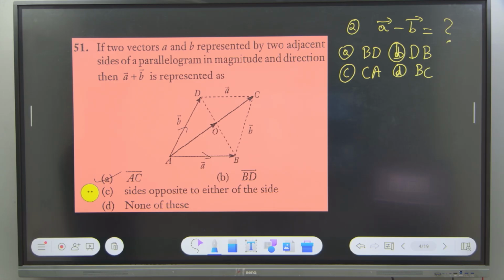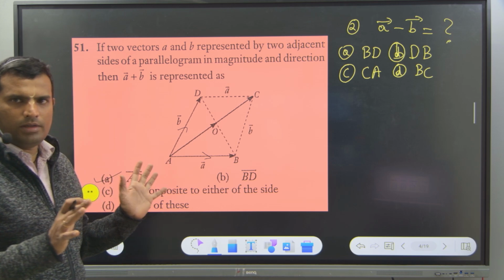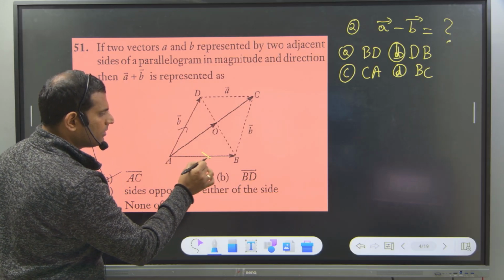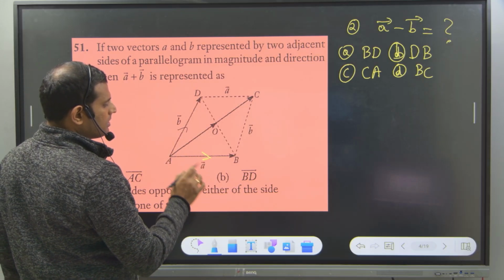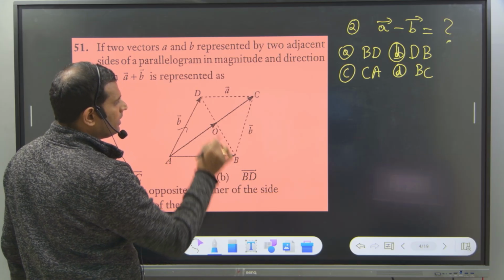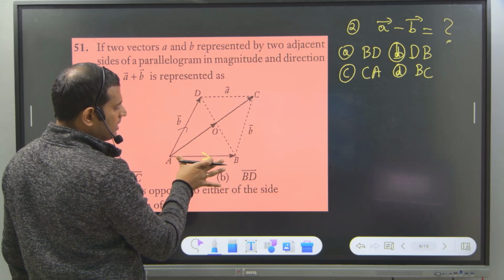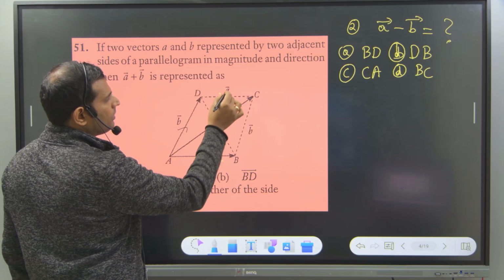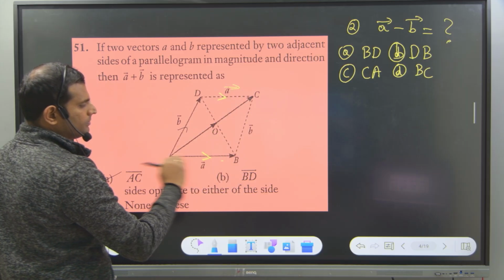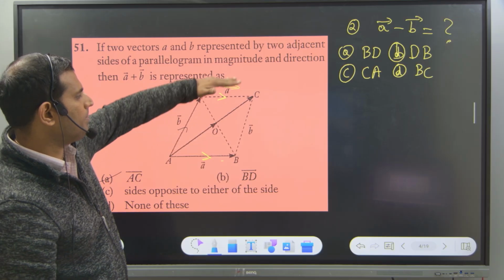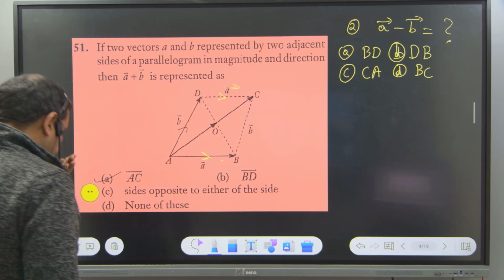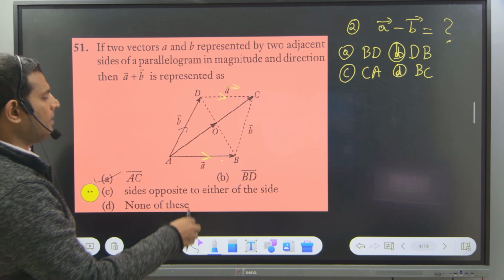Okay, let us see. Please look at the board, everybody. This is vector A, correct? Yes or no? Can I not say any vector which has exactly the same magnitude but is parallel is also vector A? When you slide a vector parallelly, the vector remains the same.